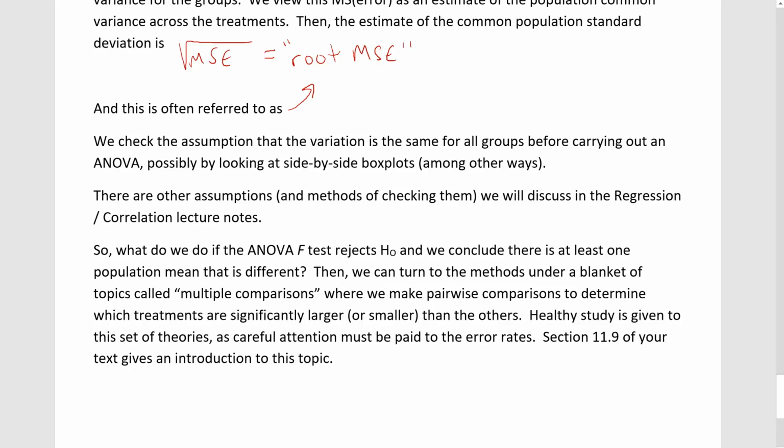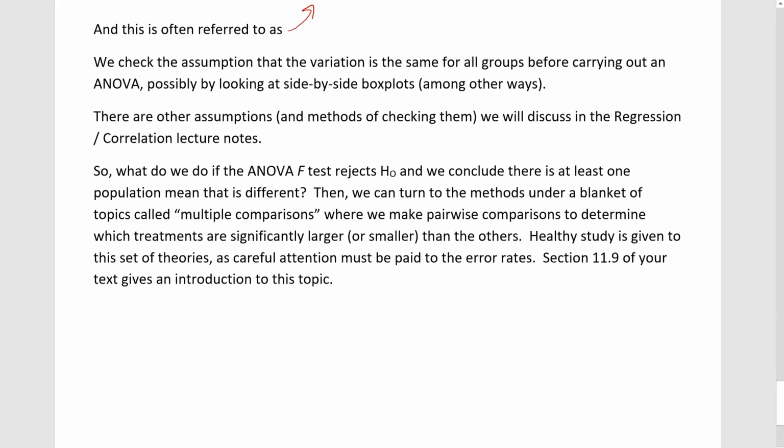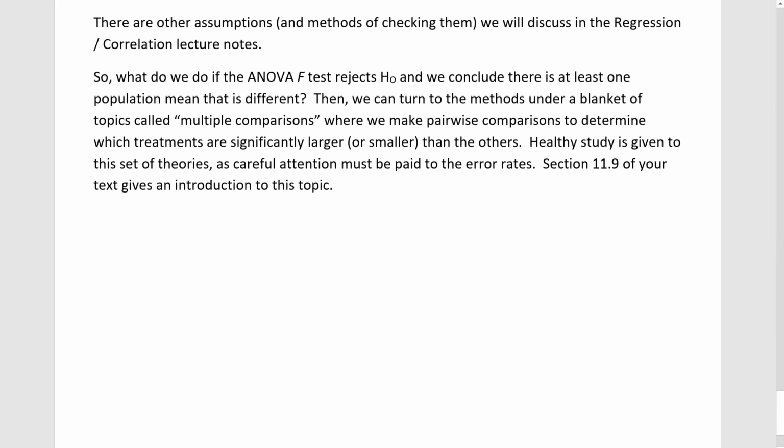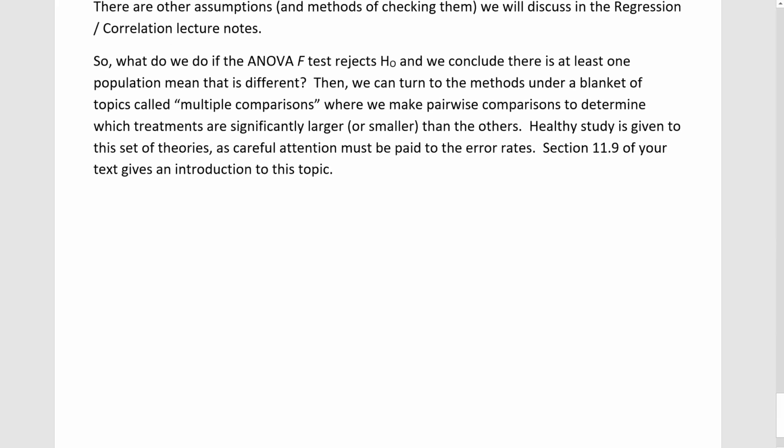We check the assumption that the variation is the same for all groups before carrying out an ANOVA, possibly by looking at side-by-side box plots, among other ways. There are other assumptions and methods of checking them, which we were supposed to discuss in the regression and correlation lecture notes. And so what do you do if the ANOVA test rejects the null hypothesis and we conclude there's at least one population mean that's different?